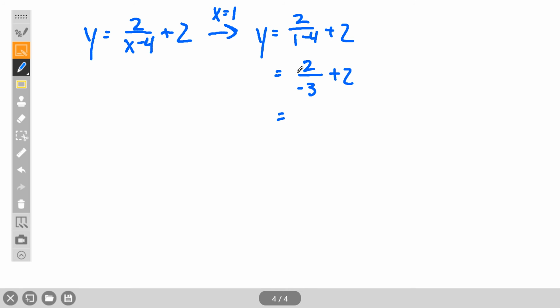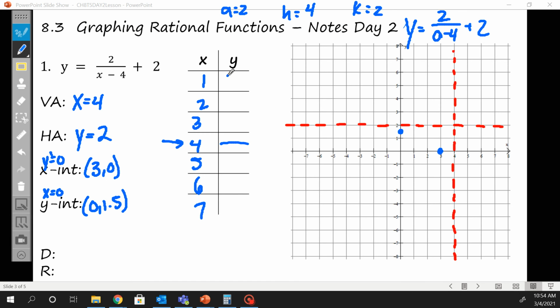So negative 2/3 plus 2 is 1 1/3, which is 1.3 repeating about. So since I'm going to graph it, I do want it graphable. So 1.3. So (1, 1.3), which is like right here.